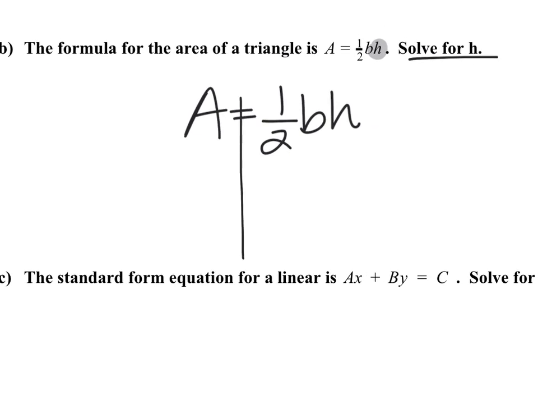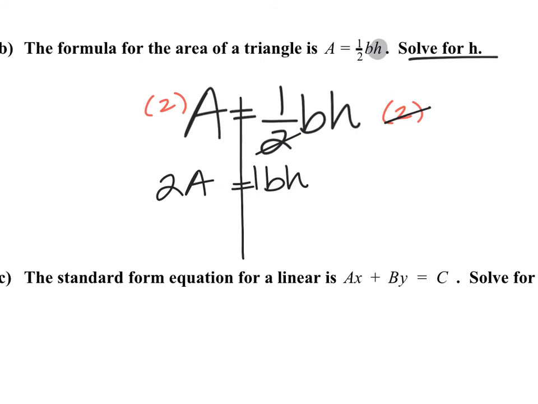To undo the fraction, you've got division by 2. So you're going to multiply by 2 on both sides, which cancels that out. You're left with 2a equals 1bh.